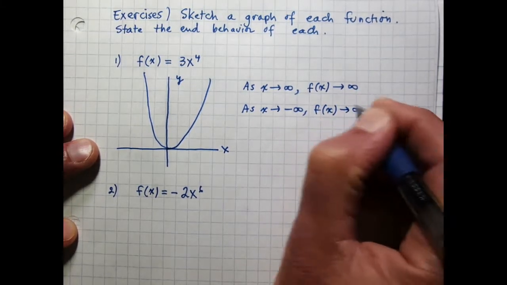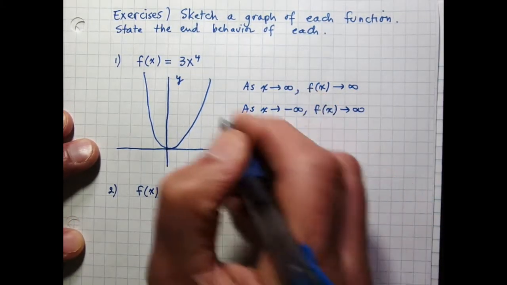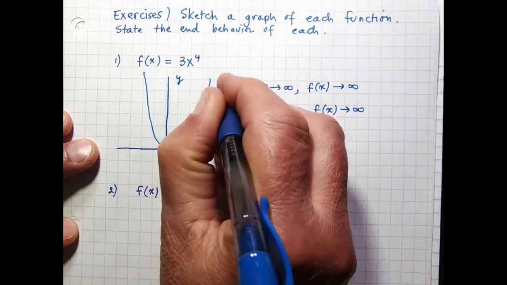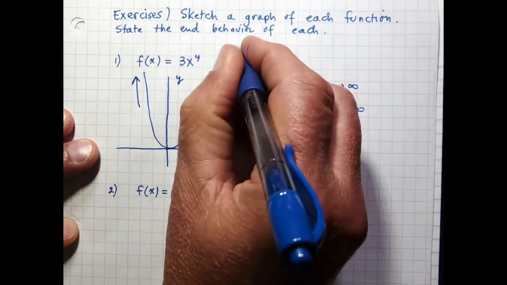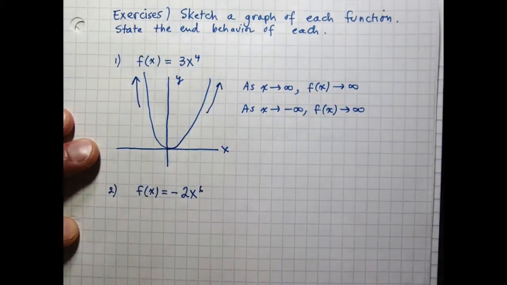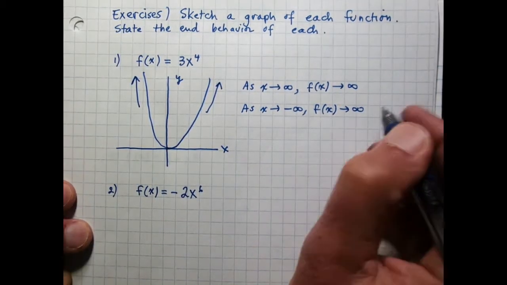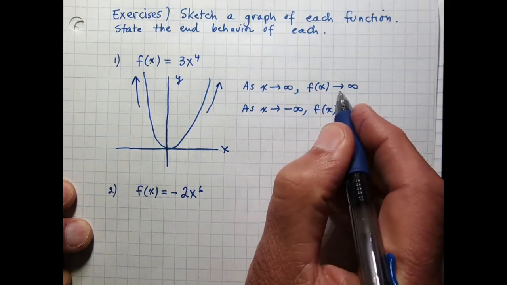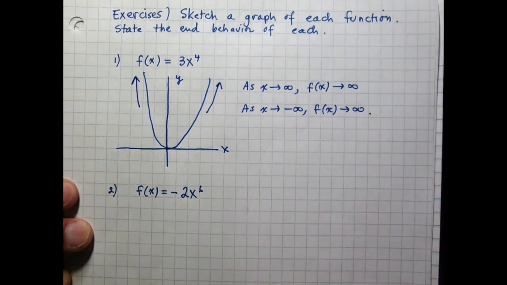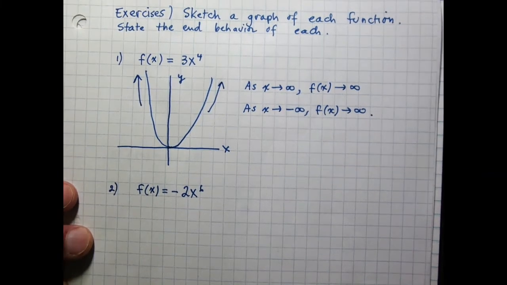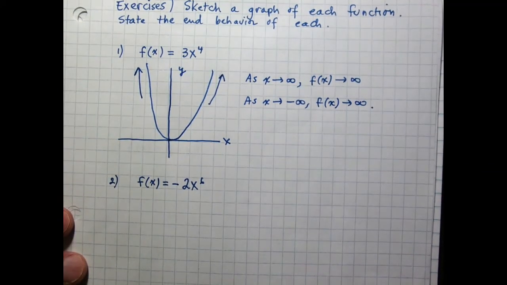It's unfortunate that we write so much down for just these simple ideas, describing that this part of the graph rises, this part of the graph rises, but I do think it's worth you getting comfortable with this notation with the arrows and the infinity symbols. That'll be really helpful for you in calculus. So there's example 1.